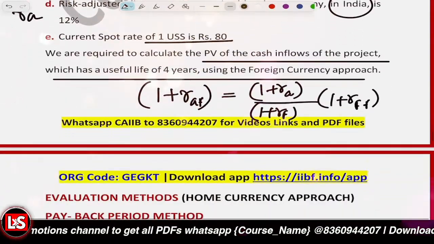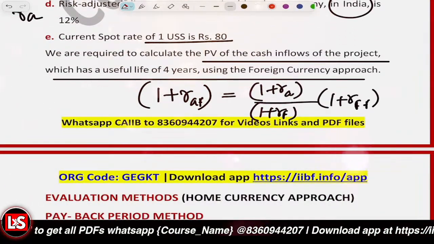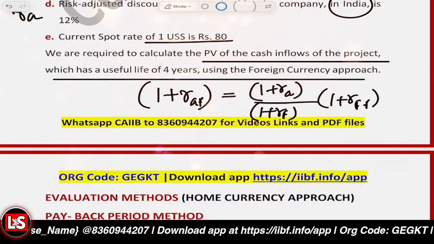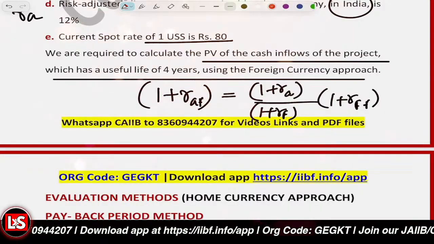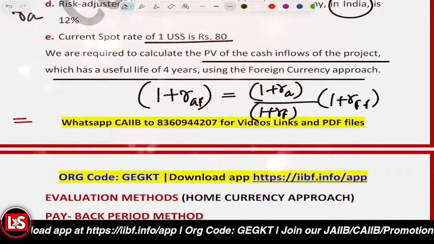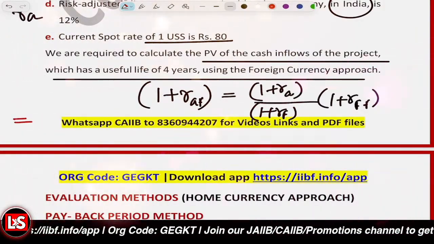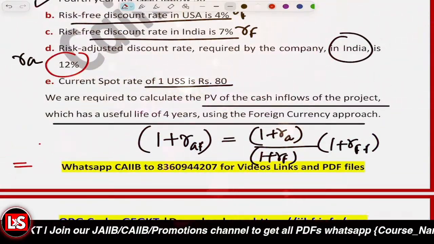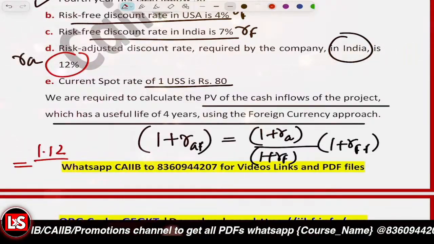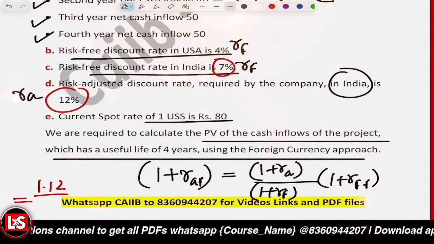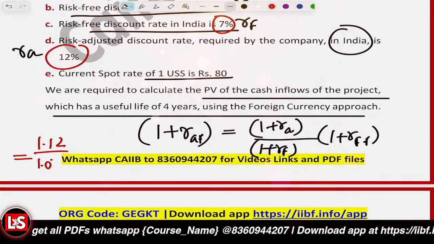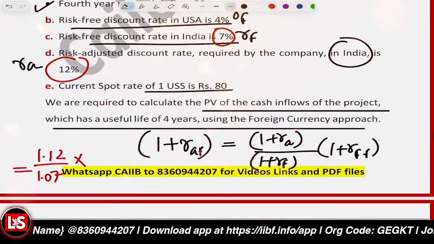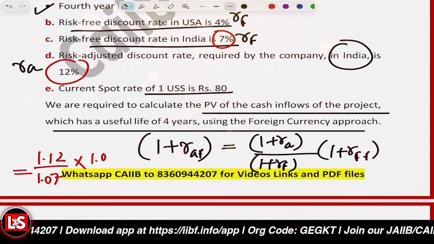Let me put the values, and you'll understand what I'm trying to say. First of all, we have to calculate 1 plus RAF, the risk adjusted rate for the foreign country. For the numerator, 1 plus RA for the domestic country is given to be 12%, so it is 1.12, divided by the risk-free rate in India, which is 7%, so 1.07, and multiplied by 1 plus RFF, the risk-free rate in USA, that is 4%, so 1.04.